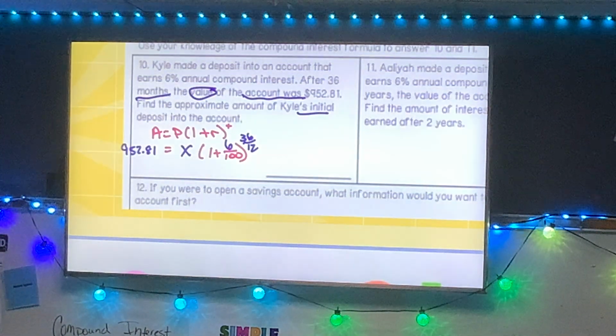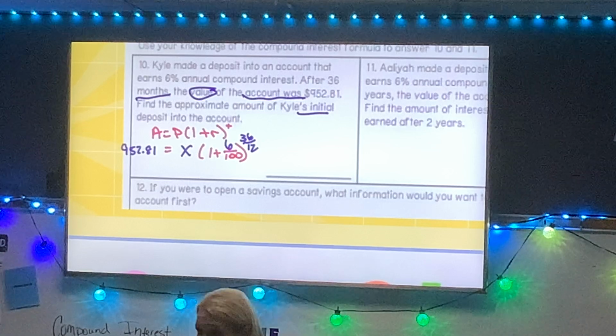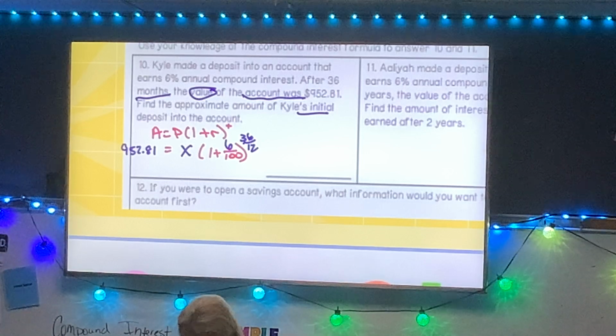Now, when you do this, you are not rounding. You have to write everything when you hit enter, or you won't get the right answer.